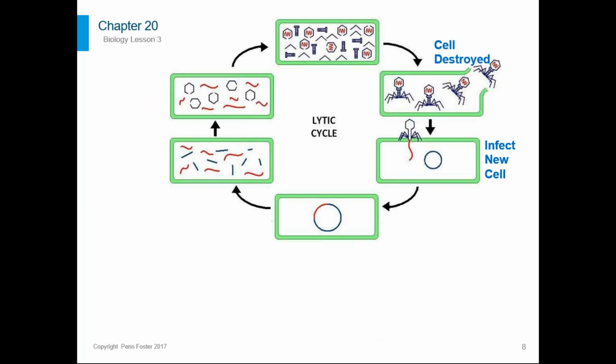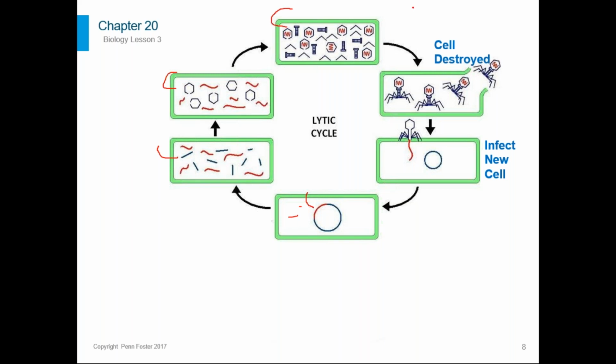We're going to look at the same thing here in a diagram. So we're going to start here. This is a lytic infection. The red DNA is the virus DNA. It goes into the cell, and then the cell starts creating the pieces of the virus and then starts assembling them.